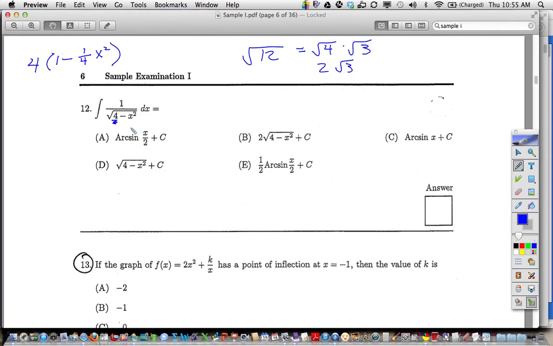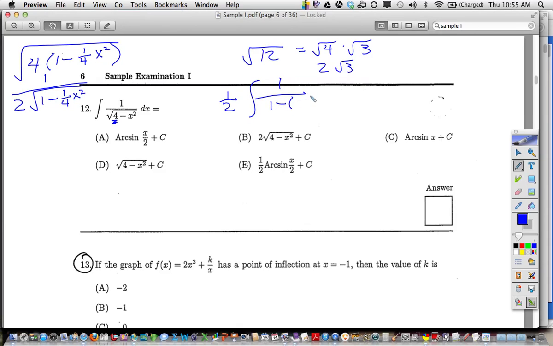But what you would do is pull out a 4. Now, if you square root all that, you can square root the 4, and then square root the 1 minus 1/4 x squared. Like so.